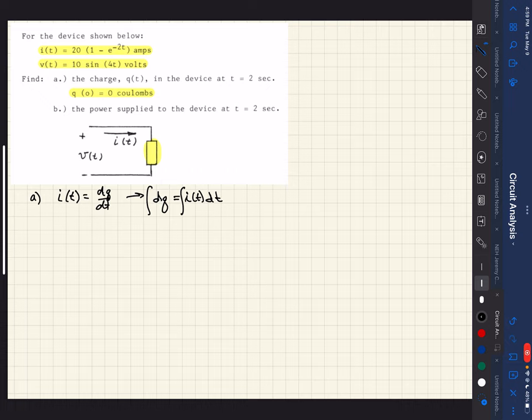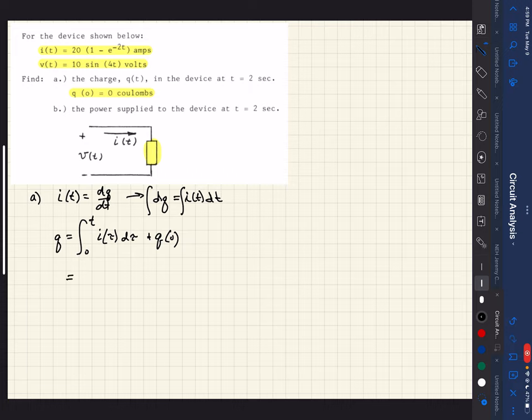That'll give us Q. So in this case, then, Q is going to be equal to the integral from 0 to t for I of, we'll say, tau, to switch variables, d tau. And then that's going to be plus our charge at time 0, which they gave us.